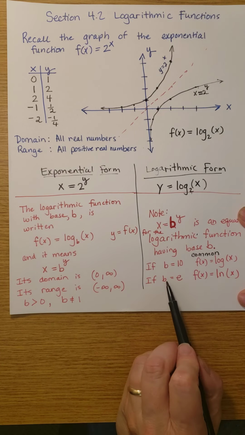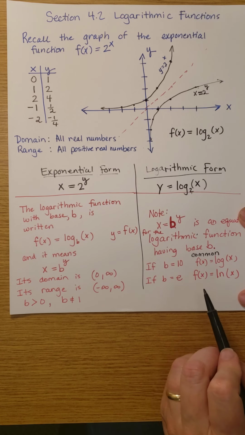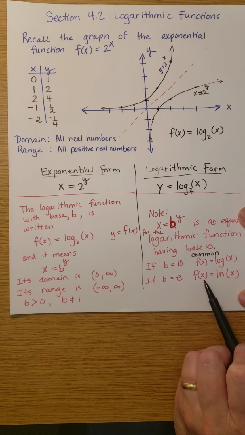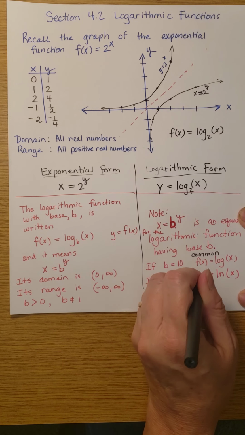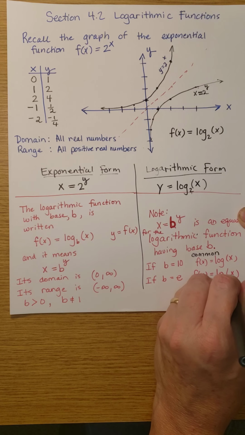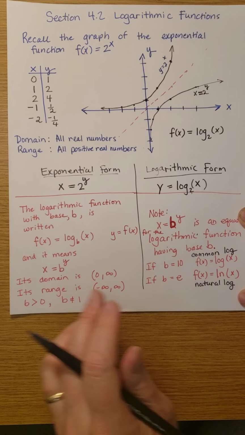And if b equals e, which is the number we talked about in the last section, then f of x is denoted ln of x, and this is called the natural log. So we have the common log with base 10 and the natural log.